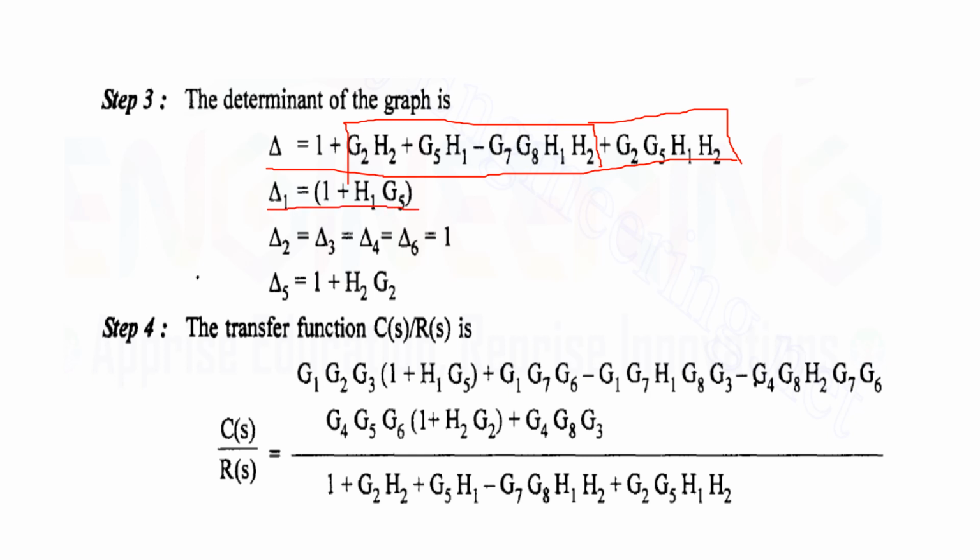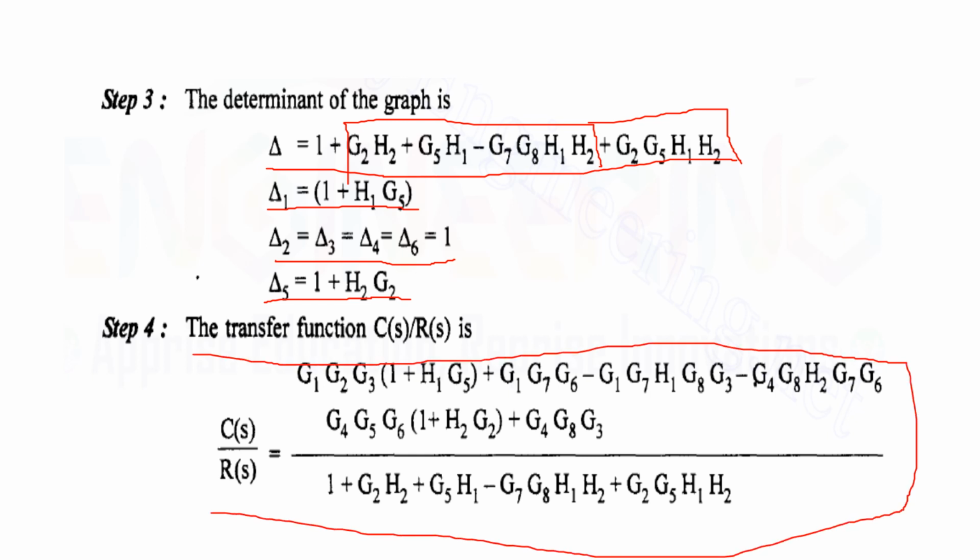So G5H1 is not touching the first forward path, that is delta 1 is taken as 1 plus G5H1, and delta 2, delta 3, delta 4, delta 5, 6 touch all the loops, so they are taken as 1, and delta 5, that is the fifth forward path, does not touch the loop G2H2, so delta 5 is taken as 1 plus G2H2. So replacing all these values, we are able to get the transfer function which is given like this.